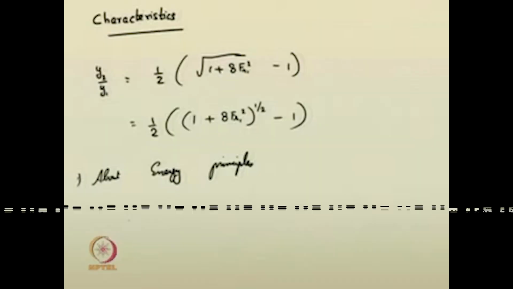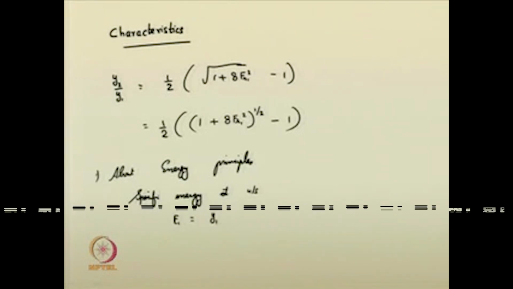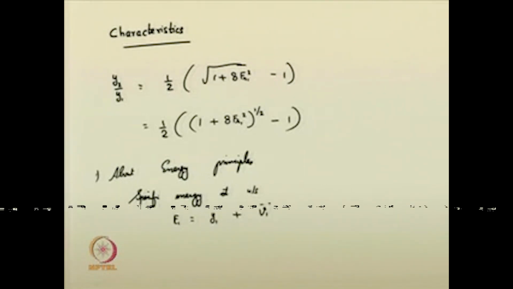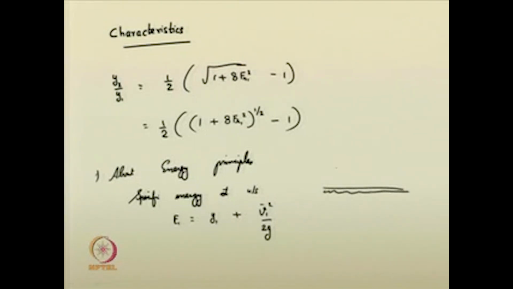Fine. So, we can compare the specific energies at the upstream and downstream first. So, specific energy at the upstream of the jump, we can give this as E1 is equal to the depth of flow plus V1 squared by 2g. You know what is meant by specific energy. So, that specific energy at the pre-jump section, we can write as follows. Just recall the hydraulic jump.